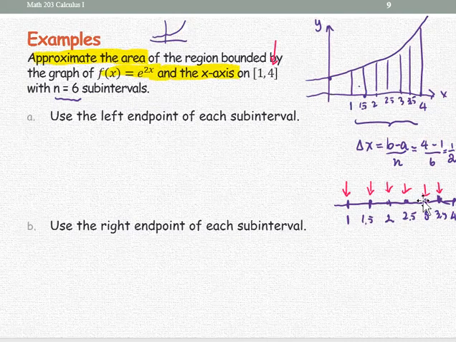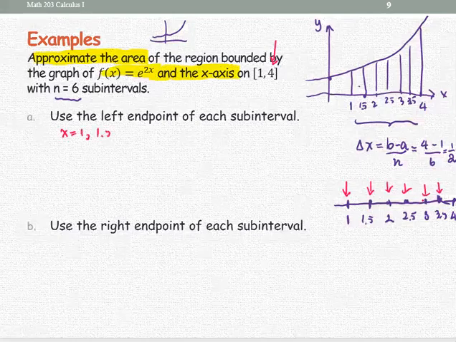So the points we're going to use for the left endpoints are x equals 1, 1.5, 2, 2.5, 3, 3.5. These are the left endpoints. To approximate the area using the left endpoints, I'm going to use the notation A subscript L for the left approximation.